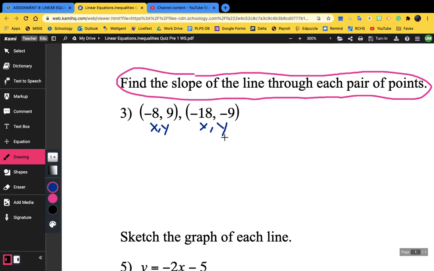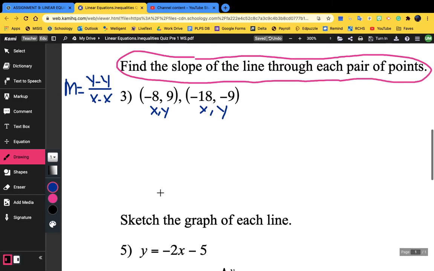Right? So I remember that my slope, my m, is equal to y minus y over x minus x. So m, my slope, is equal to y minus y first on top, right?